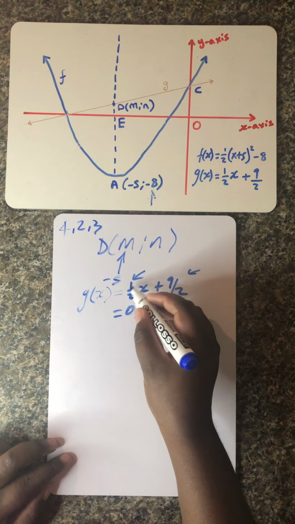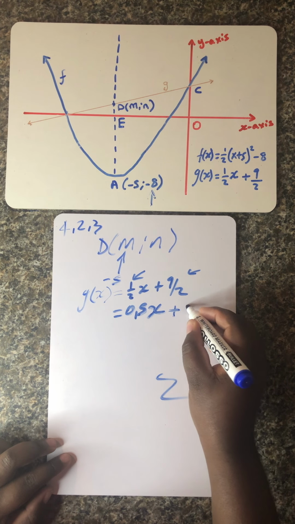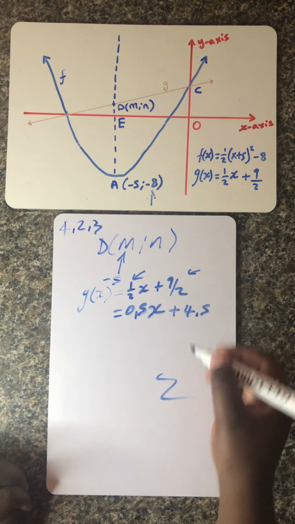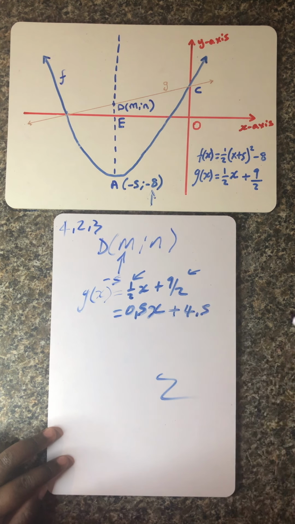Because if you punch 1/2 in a calculator, it's 0.5, and 9/2 is 4.5.